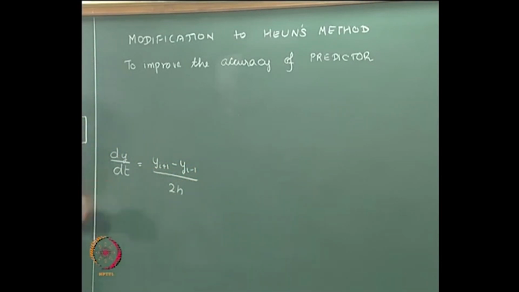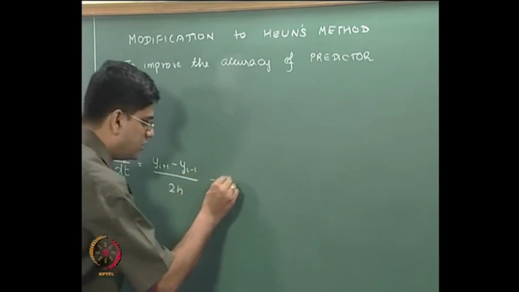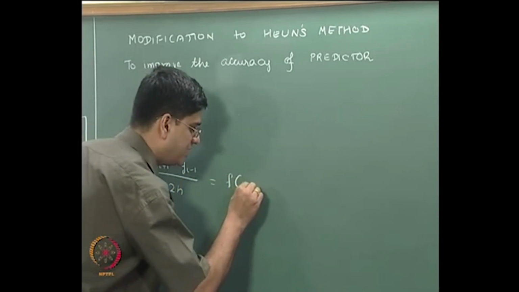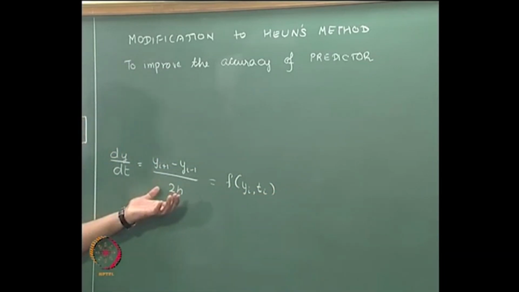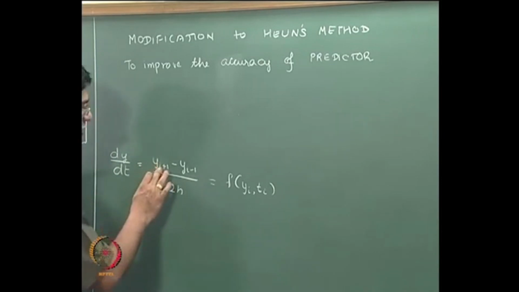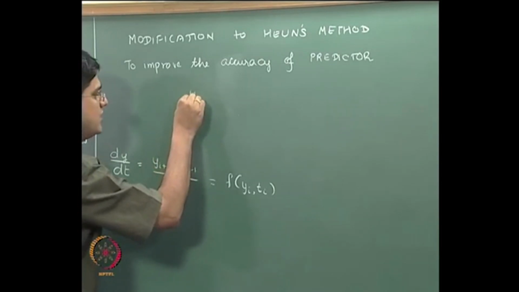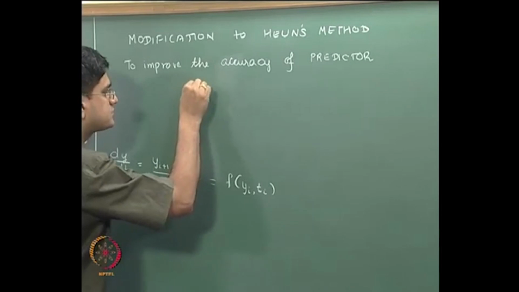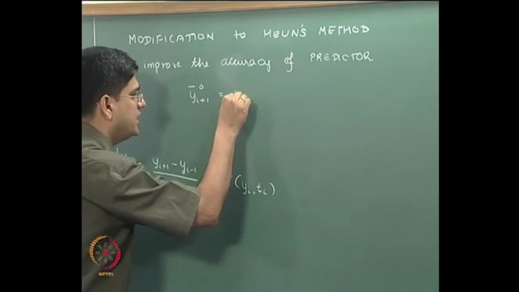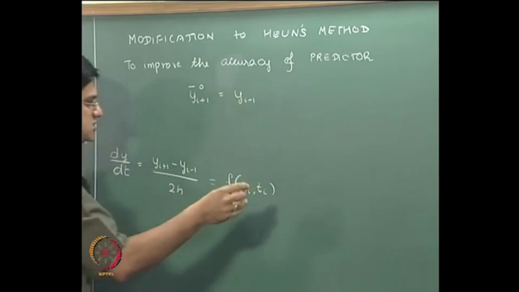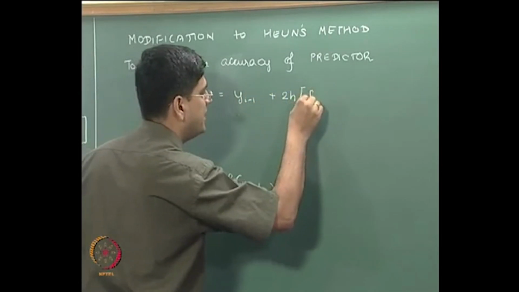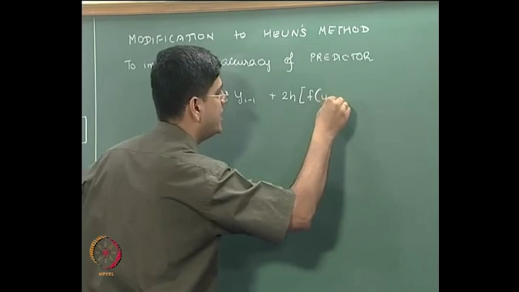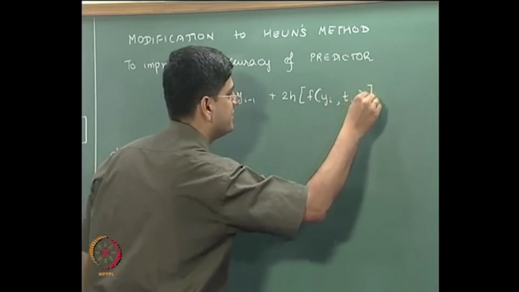Okay. Now dy by dt was equal to f of yi comma ti. As a result, our method with an improved accuracy is going to be yi plus 1 bar 0 equal to yi minus 1 plus 2h multiplied by f of yi comma ti.